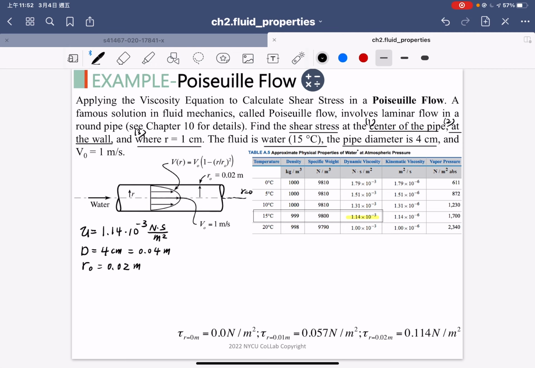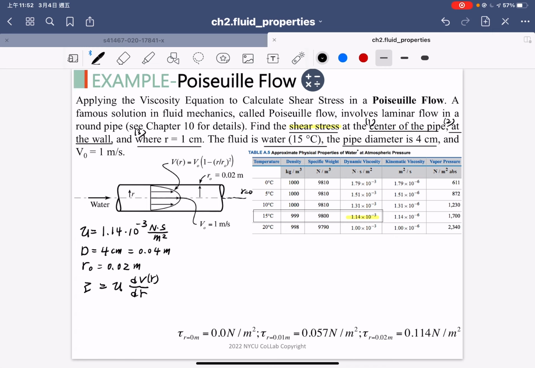Okay, but the question is focused on the shear stress. So the key knowledge here is how can we compute the shear stress? It's based on the viscosity equation, mu dV, here should be dr, right? Because our velocity is a function of the radius. So this is V(r), the velocity as a function of the radius.